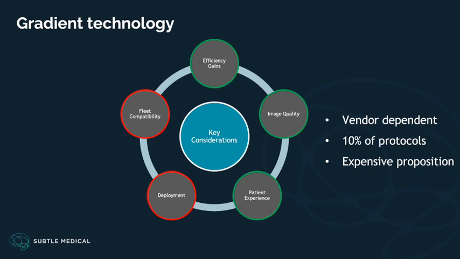And from a protocol perspective, it affects very niche protocols in terms of the gains you see from image quality as well as efficiency. Upgrading these gradient technologies is very similar to upgrading a magnet technology. It becomes a very expensive proposition. Again, it requires more than the hardware constraints, it also requires siting constraints.